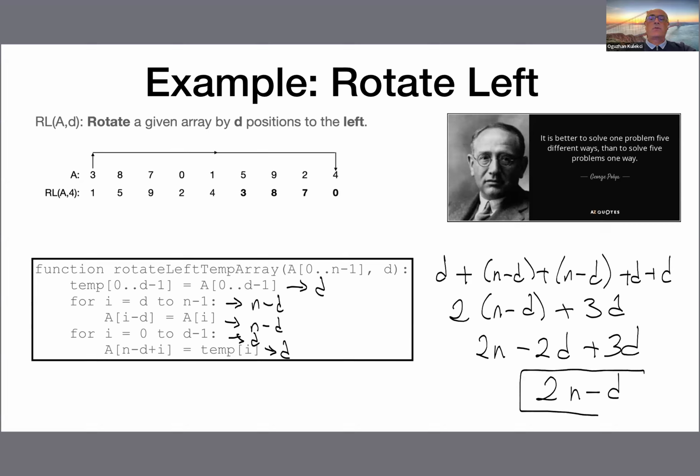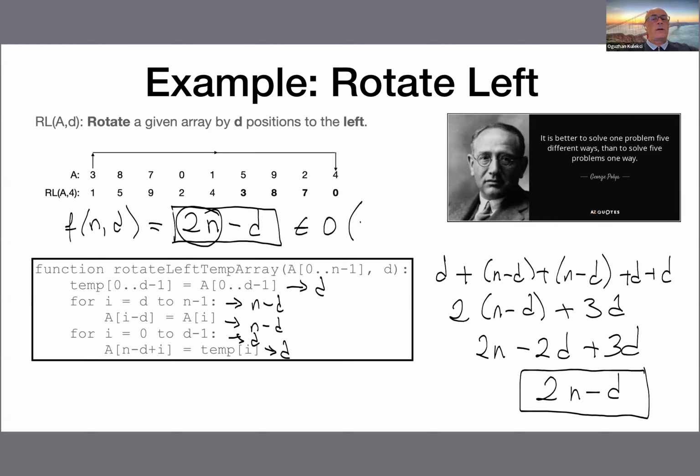So I can say that in terms of my input parameters, the number of instructions is equal to 2n minus D. I know that D is always less than n, or in other terms, the dominant term in this polynomial is 2n, right? And I can say that this is an element of big O(n).